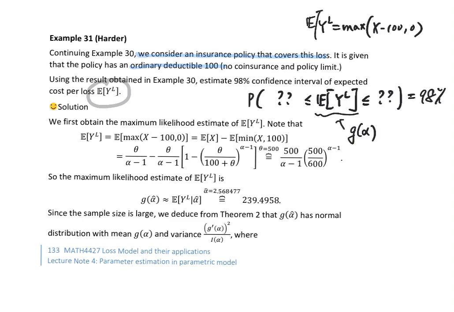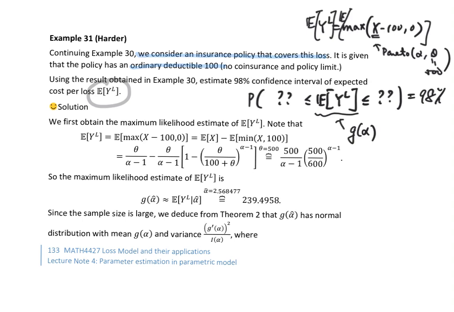If we take the expected value of that, this expected value will depend on the distribution of X. Because it follows the Pareto distribution with parameter alpha and theta equal to 500, of course we expect that it should be a function of alpha.